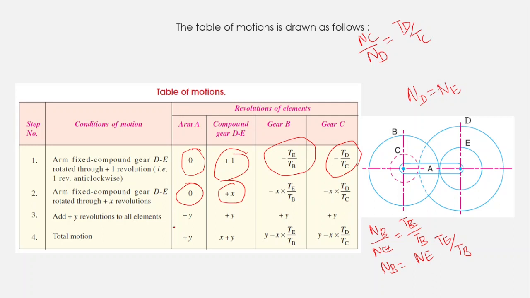Then add +Y revolutions to all the elements. Then the total motion for arm A is equal to +Y, for the compound gear X plus Y, for gear B Y minus X into TE by TB, and for gear C Y minus X into TD by TC. That is the final row, the fourth row.